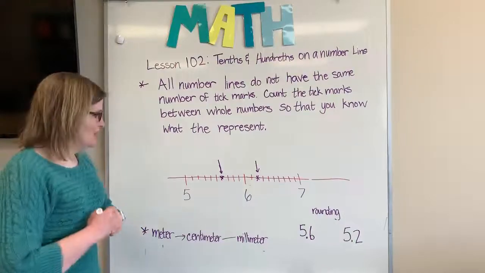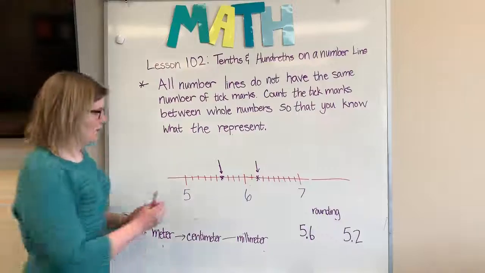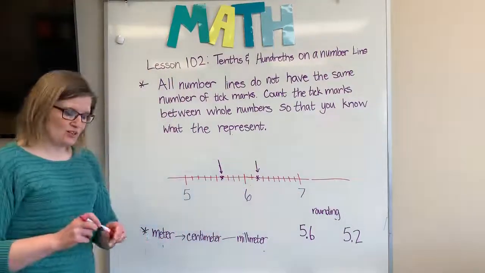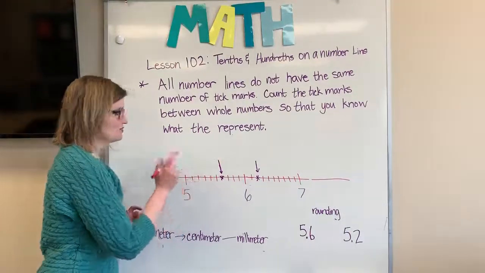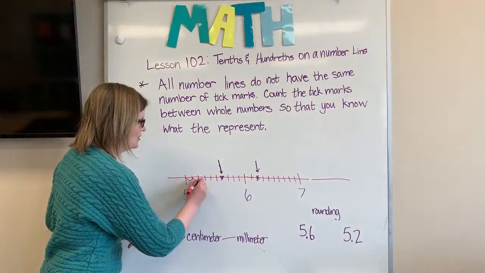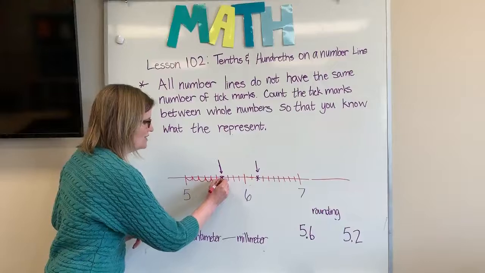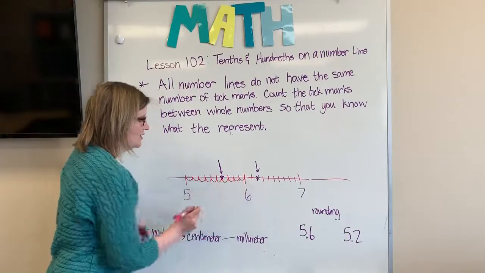Let's do that. Here we have our number line, and we have 5, 6, and 7. So we need to figure out what these little tick marks represent. So I'm going to start counting. Here we go. 1, 2, 3, 4, 5, 6, 7, 8, 9, 10.